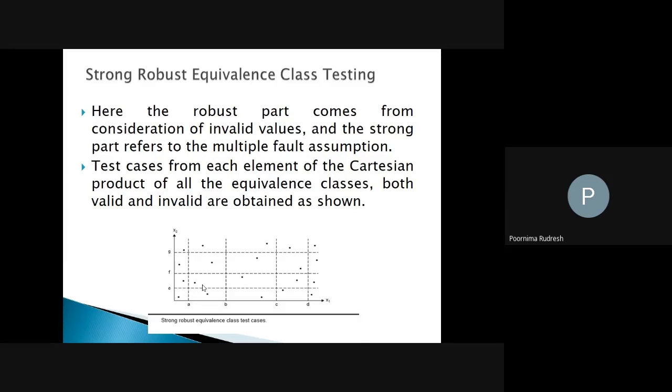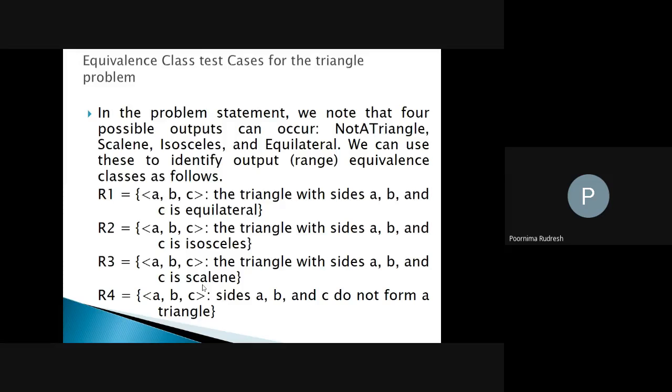When we perform the Cartesian product of all the equivalence classes and take the values, that assures the completeness of the testing. Hence in the strong robust, or the strong normal equivalence class testing, we consider multiple fault assumptions and choose the elements using the Cartesian product form. Why? Because that assures the completeness of the testing. So this is about the strong robust equivalence testing.